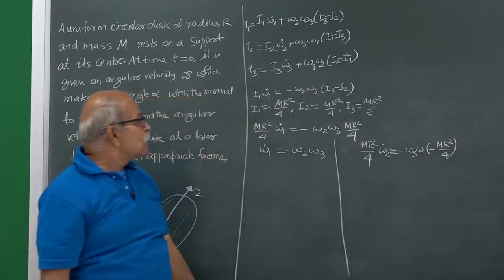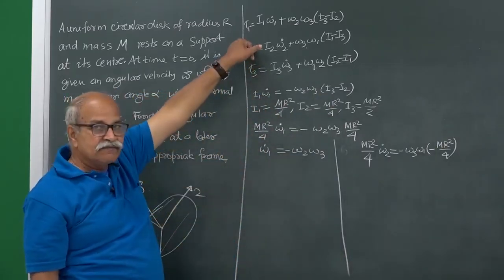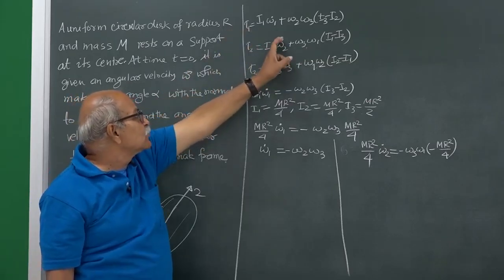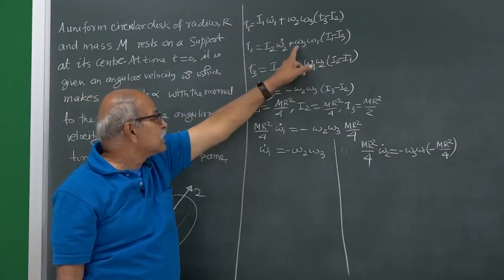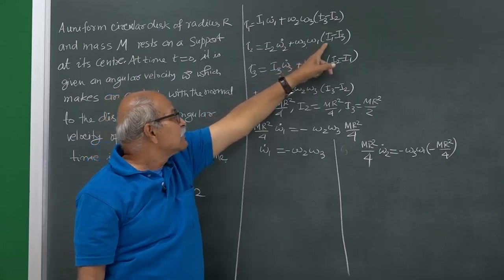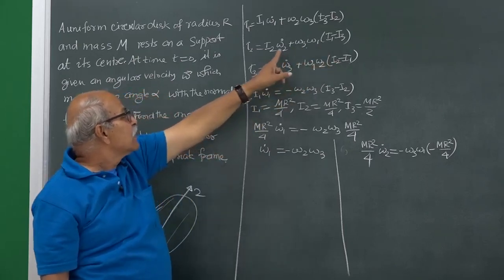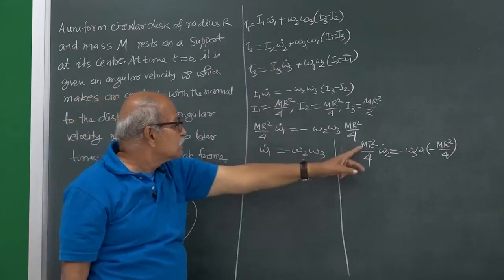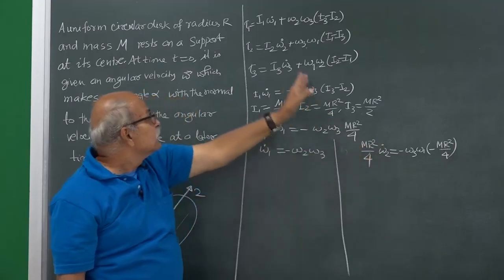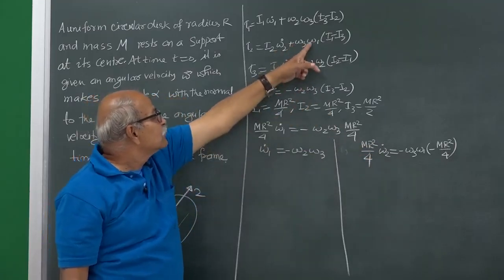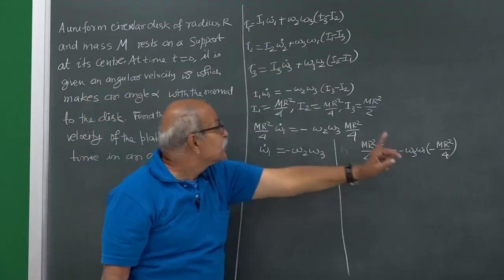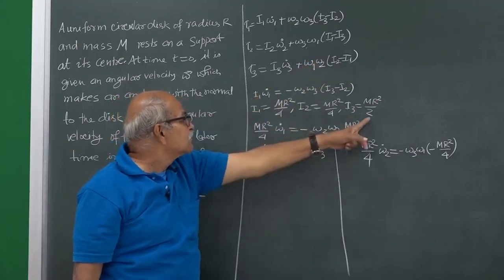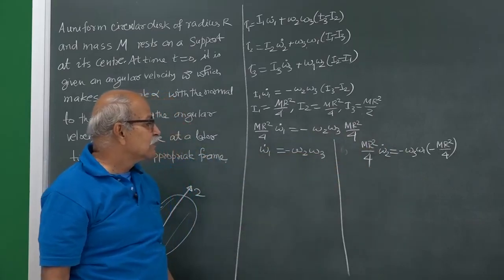See it once again, what I am doing: I am writing this equation, and tau 2 is 0. So, 0 is equal to this. So, I2 omega 2 dot is negative of omega 3 omega 1 and I1 minus I3. I2 omega 2 dot is equal to minus omega 3 omega 1 times I1 minus I3, and I1 minus I3 is minus mr square by 4.